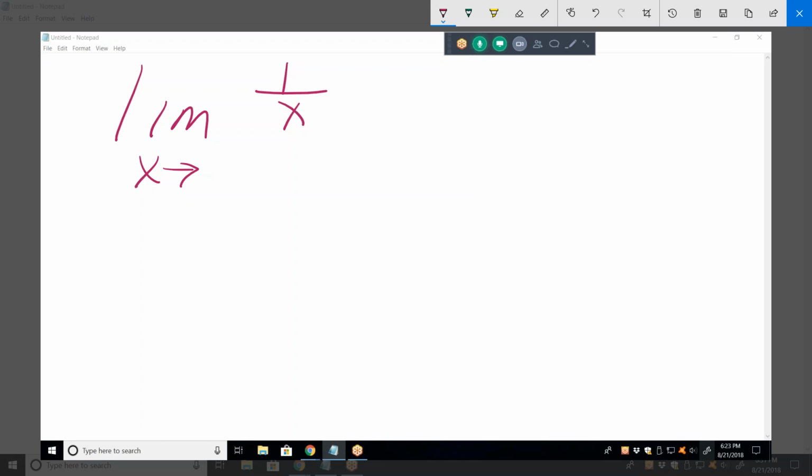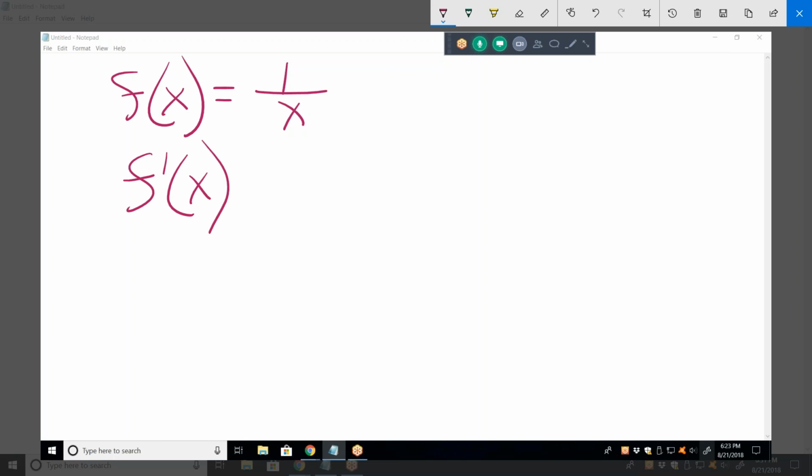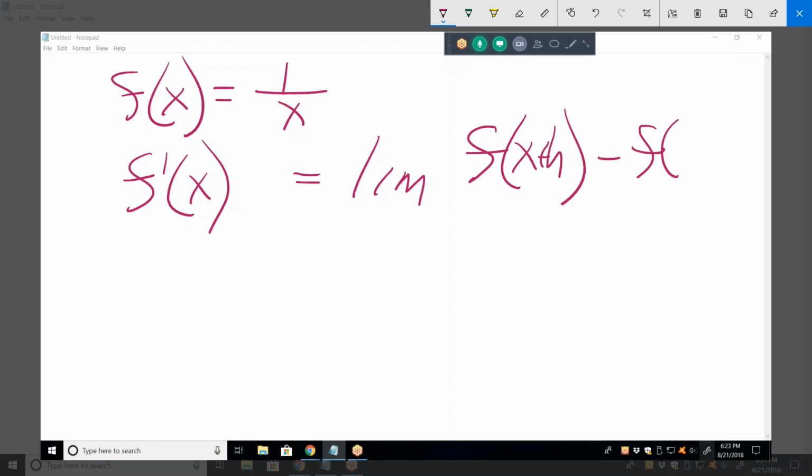If I want the derivative, let's go back here for just a moment. If this is f of x, and I want to know what the first derivative of that is, that's the sign for the first derivative. That is equal to the limit of f of x plus h minus f of x all over h as h goes to 0.